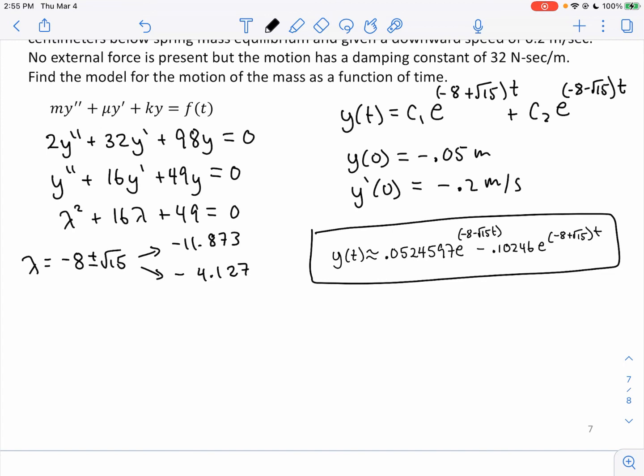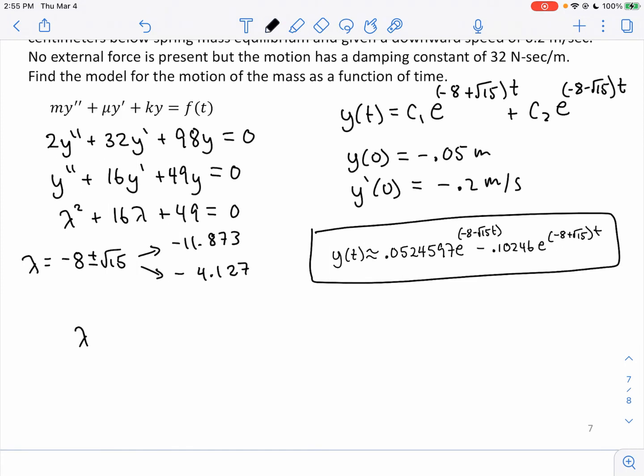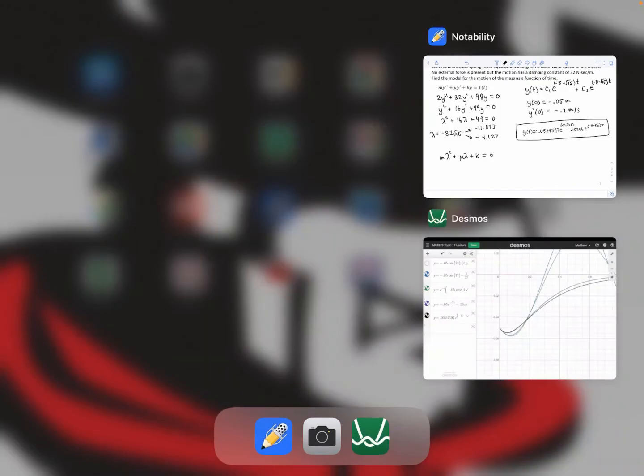Your characteristic polynomial is where we're going to look, because it is always going to be of the form m lambda squared plus mu lambda plus k is equal to 0, where m, mu, and k, and mu could potentially be 0. I'm going to graph this as a polynomial.